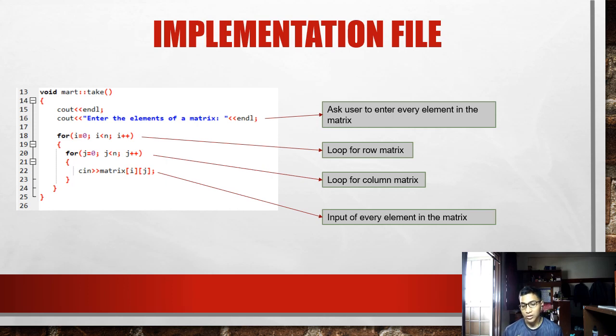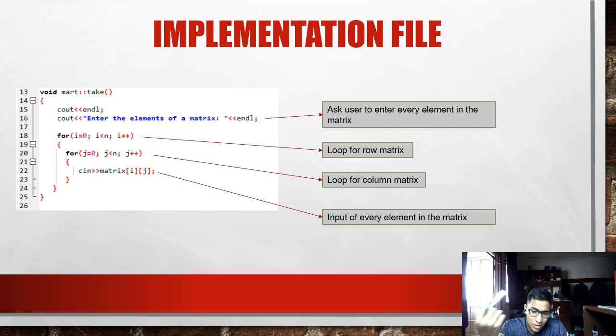So it will need a loop because a square matrix has rows and columns. Row times column will be equal to all the elements, since it's a square. So loop for row, integer i = 0 to n, i plus plus, then loop for column, j = 0 to n, j plus plus.